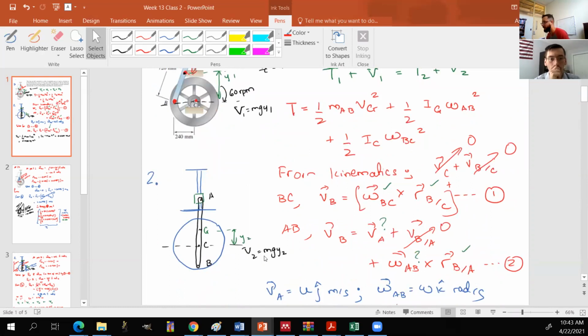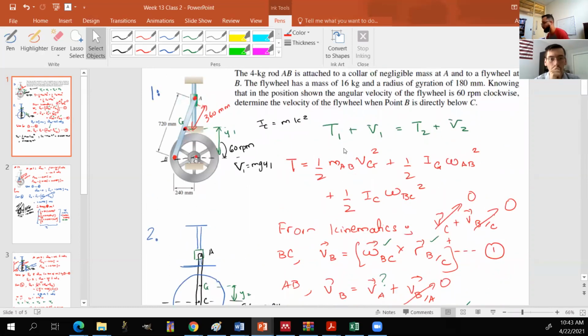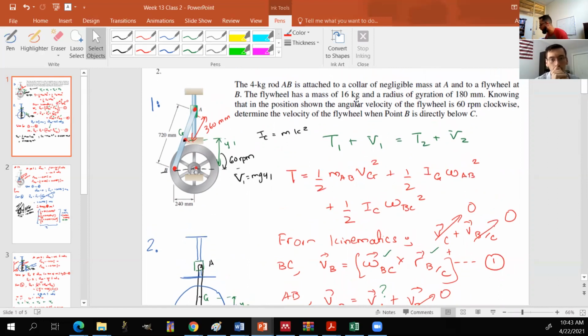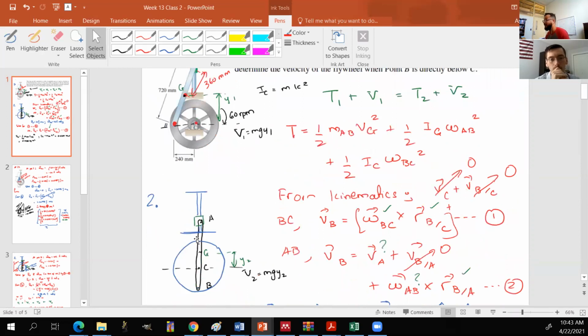In terms of that, just do your energy conservation to find out what that one unknown is. And then look at the problem, make sense of what the direction might be, and report your final answer as a vector, always. Questions, guys?